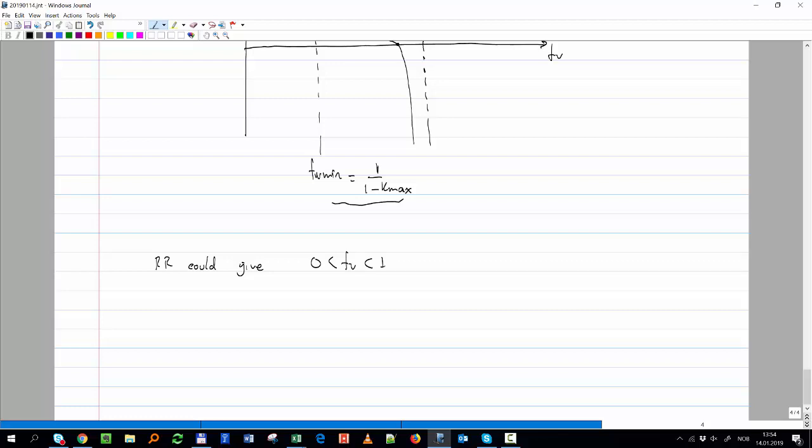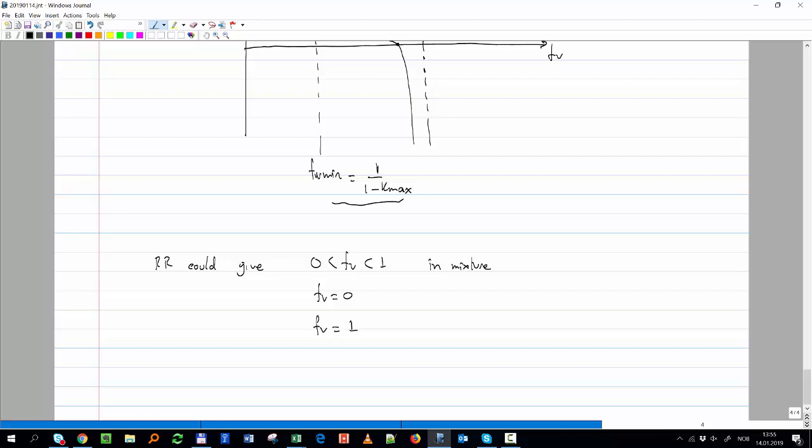That means I'm in a mixture. I have both vapor and liquid in the mixture. The other option is that FB gives you exactly equal to 0, or exactly equal to 1. That means that I'm in saturation exactly.